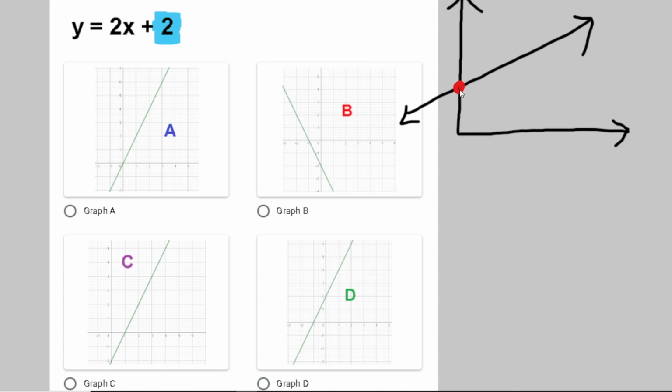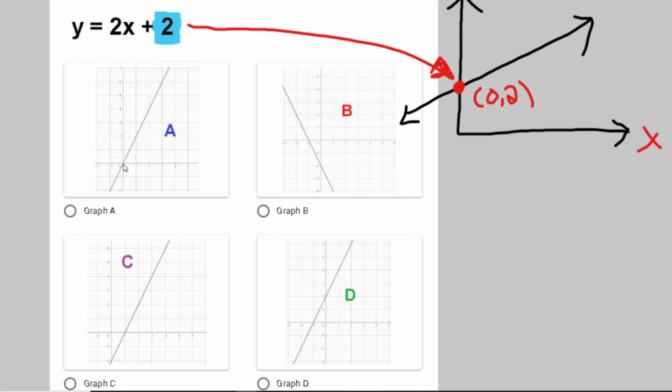So this is the point (0, 2), and this is also our b, our y-intercept. So it needs to cross through the y-axis at 2.